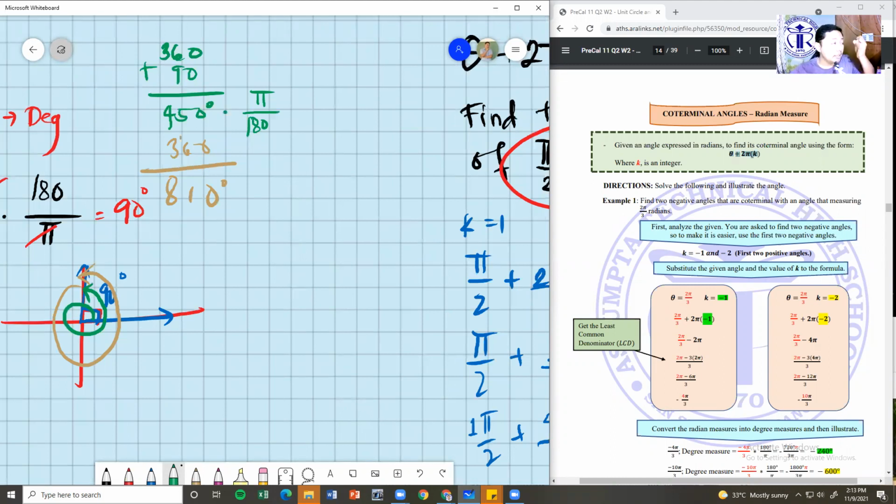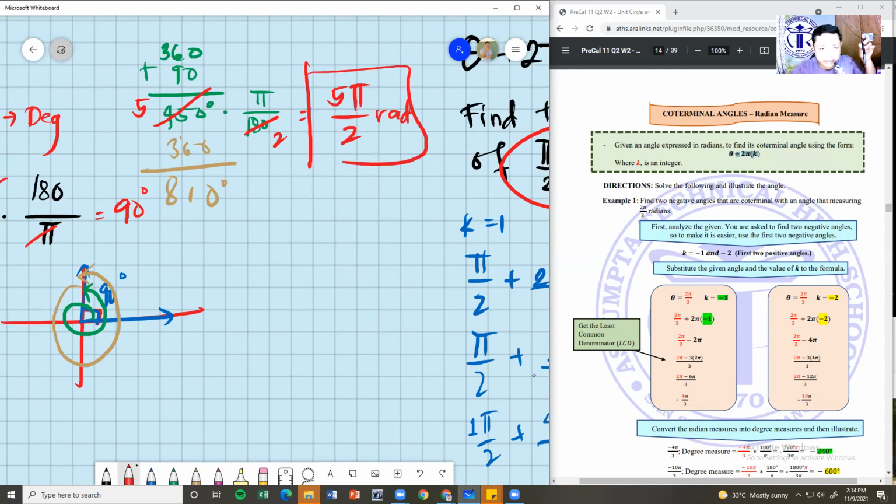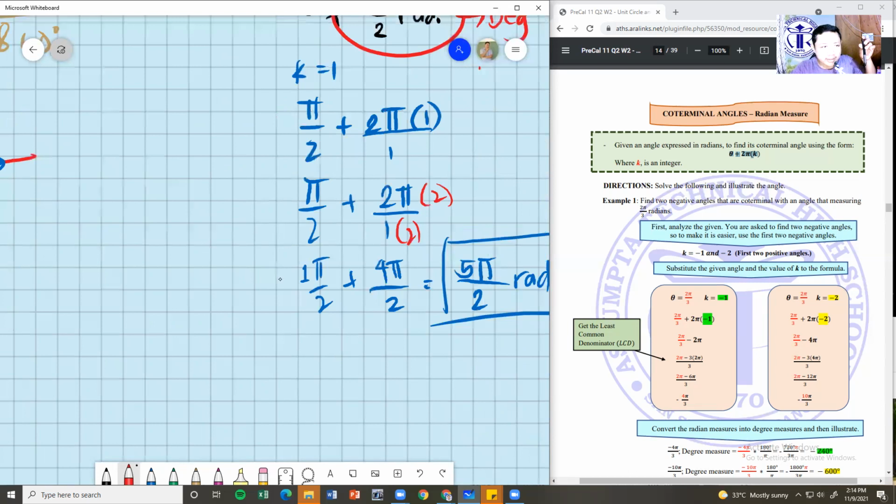So that is 9, 18, 27, 36, 45. So kung tingnan 90 to, I will have here by 90, this will become 5. By 90, this will become 2. So this will become 5 pi over 2 radians. Tingnan ko nga kung pareho tayo. Let's see. Ayan, 5 pi over 2.